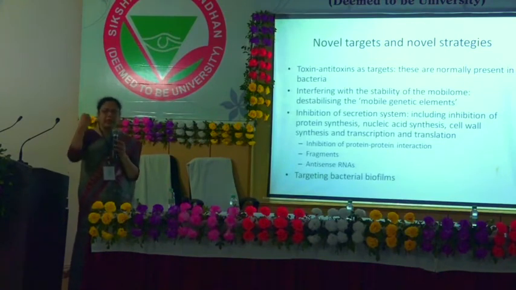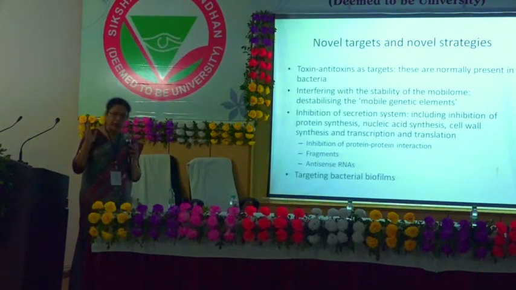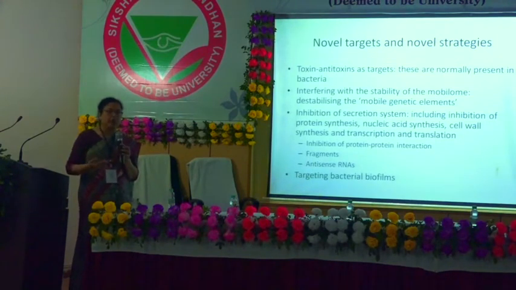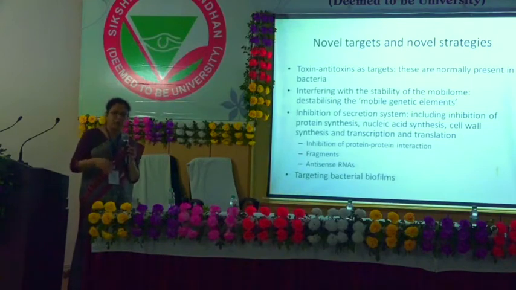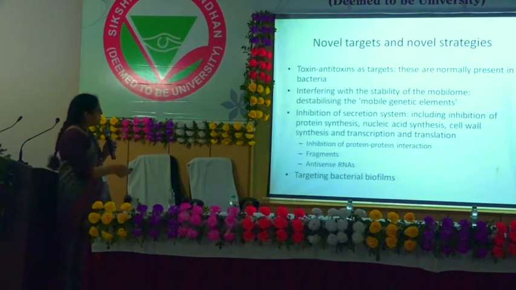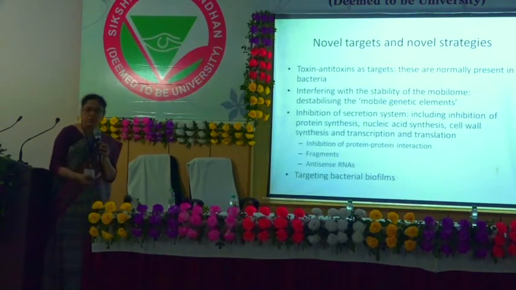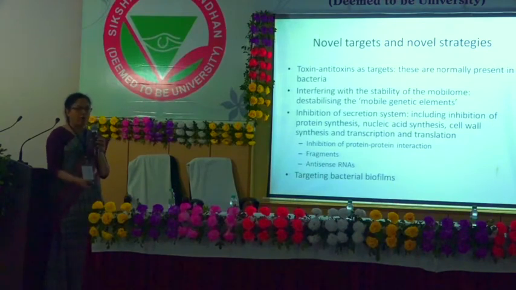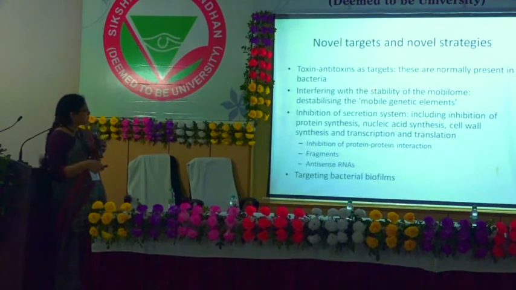So if we can harness these antitoxins and ensure that they are annulled, then the toxin is released, the bacteria die themselves, and they cannot kill you and me. They will lead to their own death. This is a strategy that is being used, and this is already present in nature, and we just need to learn more and more and find out ways of harnessing this.